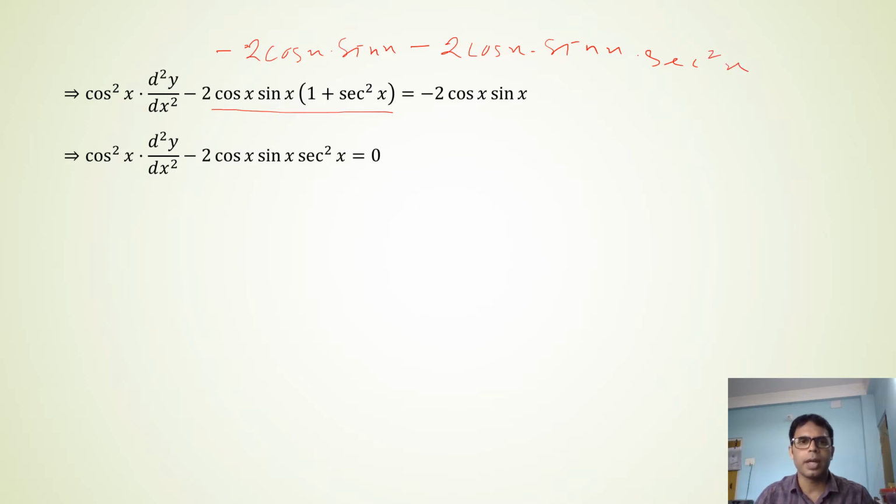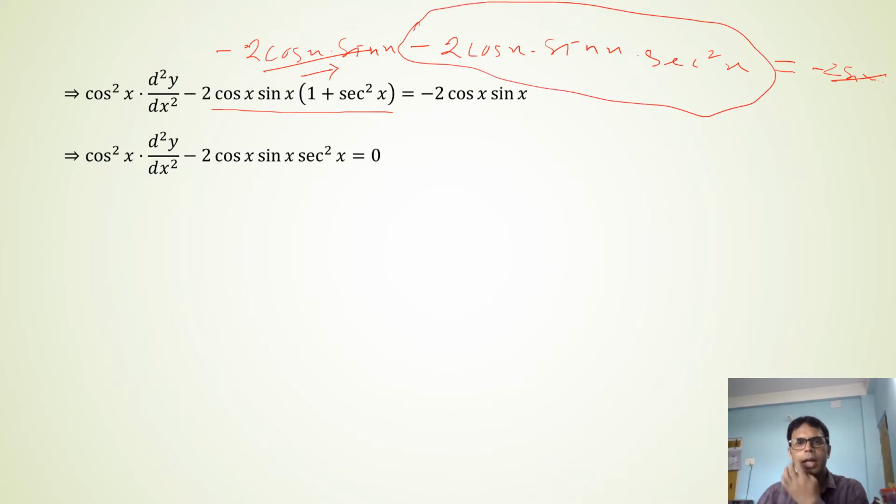This is the term after completion of the product, and the right hand side is already minus 2 sin x into cos x, and that minus 2 sin x into cos x is cancelled here, and that line is skipped. So on the left hand side this part remains there, and on the right hand side it is already cancelled, so it is 0 only, and this term remains as it is. Okay, so you understood this, I think.